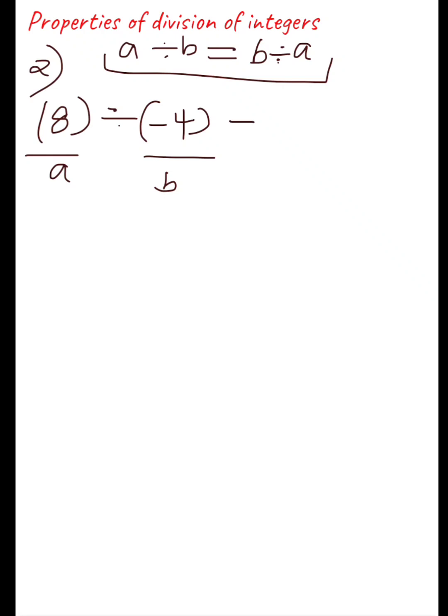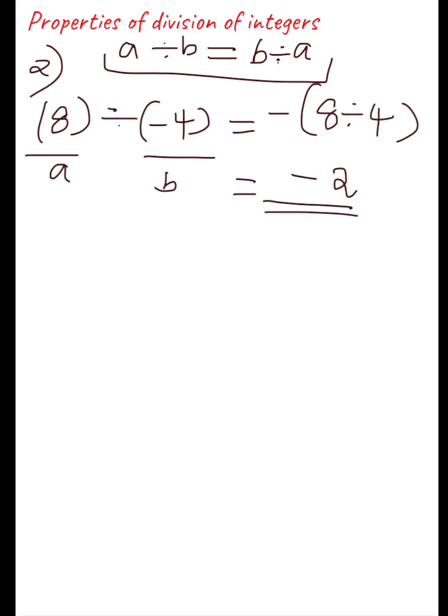So what is a divided by b, or 8 divided by minus 4? You have to divide them as whole and put the negative sign, because one is positive and one is negative. So what will be the answer? 8 divided by 4 is 2, so minus 2 will be the answer. Now let's see b divided by a, that is minus 4 divided by 8.